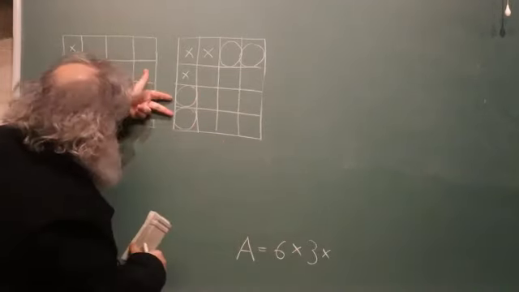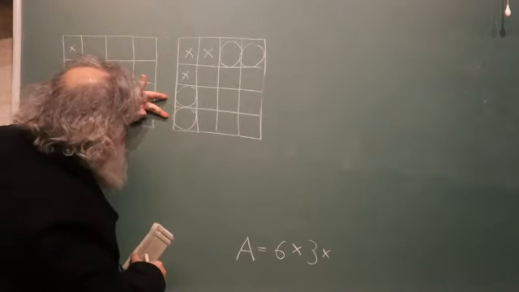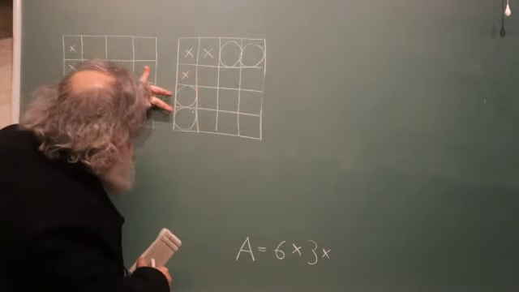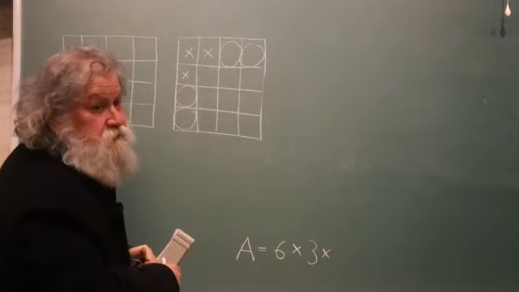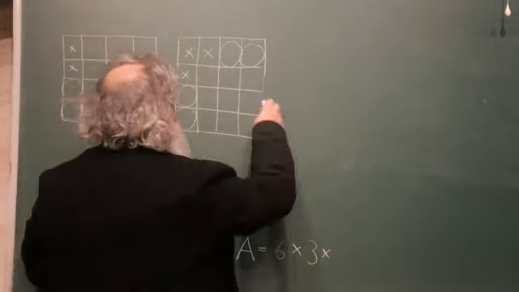Because if you exchange the last 2 rows, if it's colored here, when you exchange it, this will be colored and this will be white.